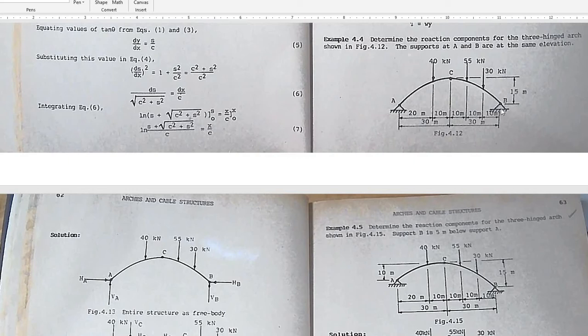Always remember that an arch structure always has pinned supports and usually a hinge in the middle, at the top. Also, an arch structure is mainly a compression member, unlike a cable, which is a tension member.